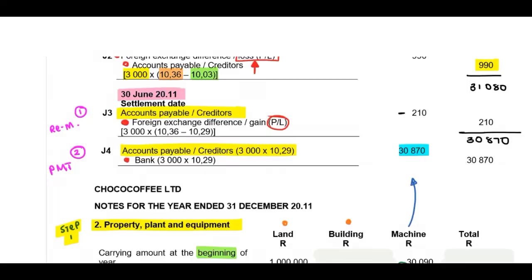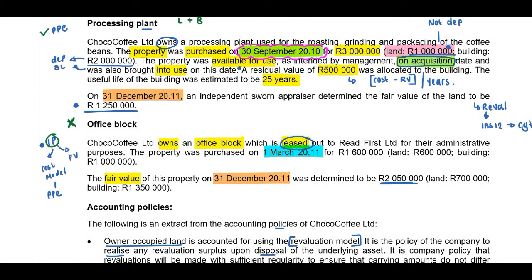Then, if you refer to the scenario again, you will remember they've indicated to us, please look at the sentence above office block. On 31 December 2011, an independent sworn appraiser determined the fair value to be 1,250,000. Therefore, immediately we're able to identify that it has increased from 1 million.